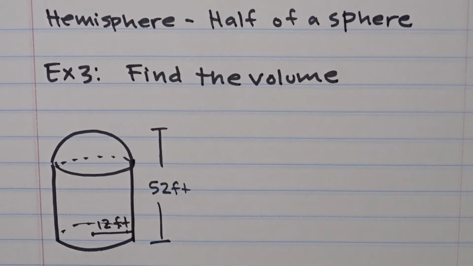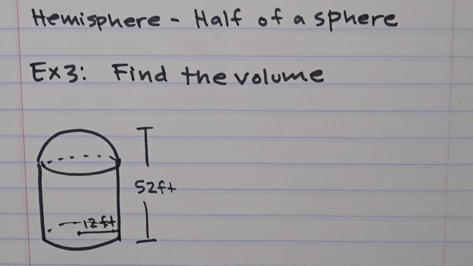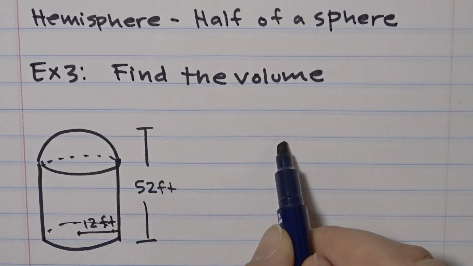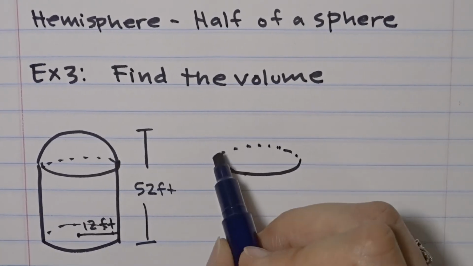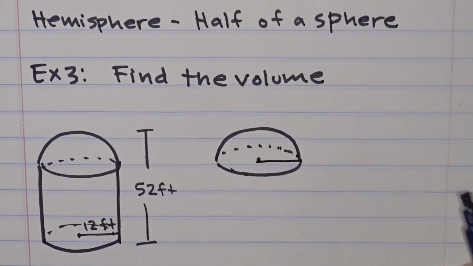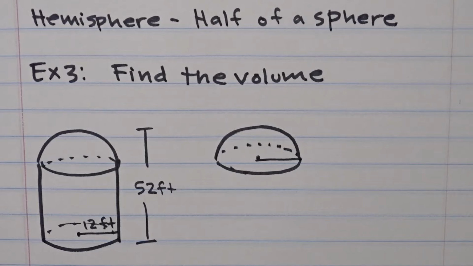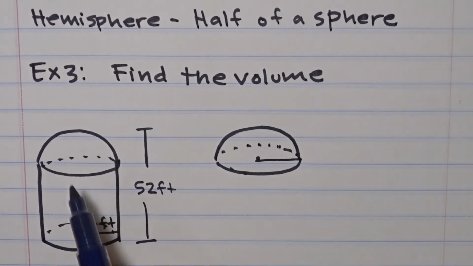So you can see that it's actually 2 figures in one. You have a hemisphere, and then you have a cylinder. So we're going to split this up into 2 different figures. So first, let's focus on this hemisphere, which has a radius of what? If this is a cylinder, then this base and this top are the same.